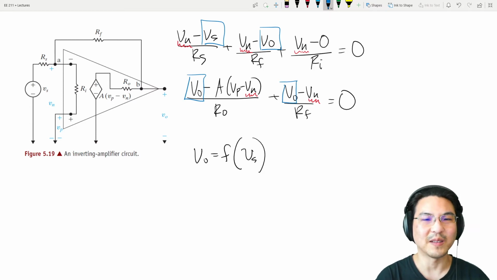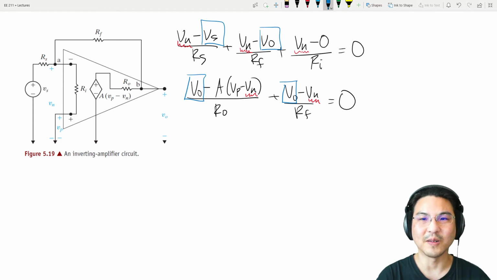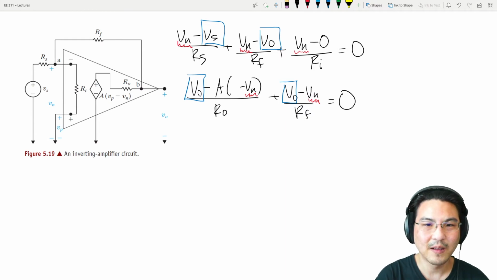And I notice already there's Vp right here, which is tied directly to the ground. So that is 0. Right? This is tied straight to the ground. So this is 0. I'll just write 0.